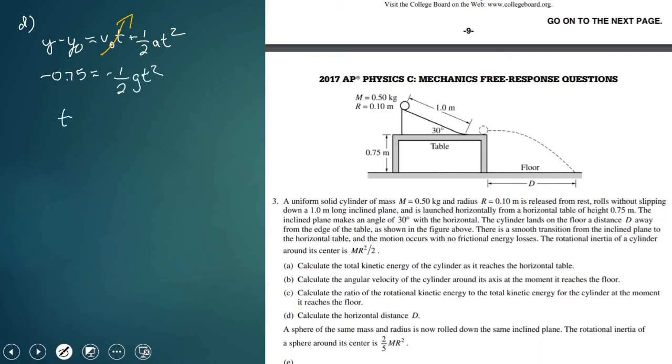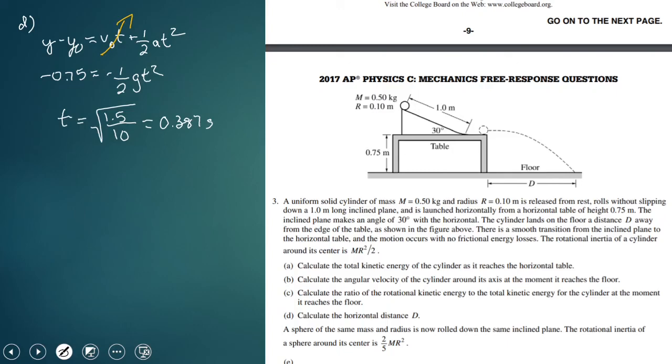So our t is essentially equal to the square root of 1.5 over g, or 1.5 over 10, which we get to be 0.387. Okay, so we have our value of t, 0.387 seconds, or 0.39 seconds, depending on how you round.